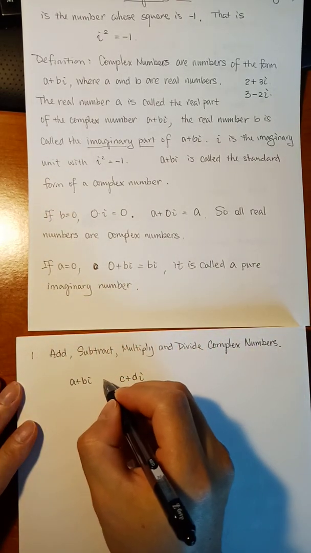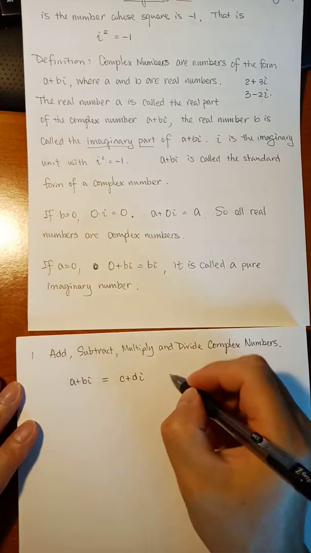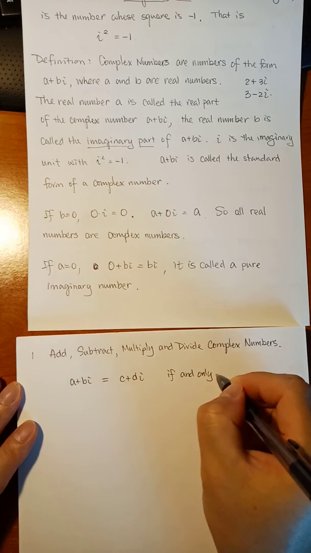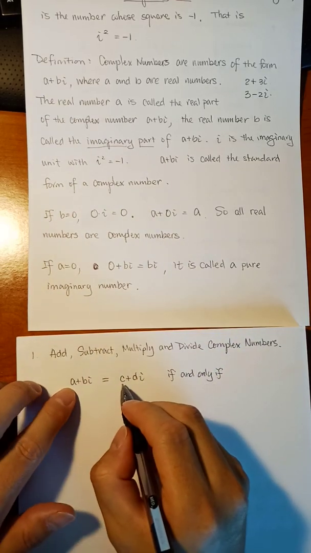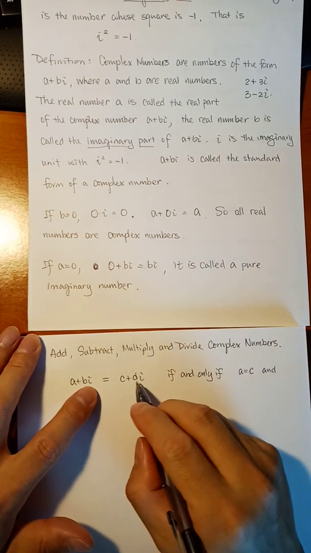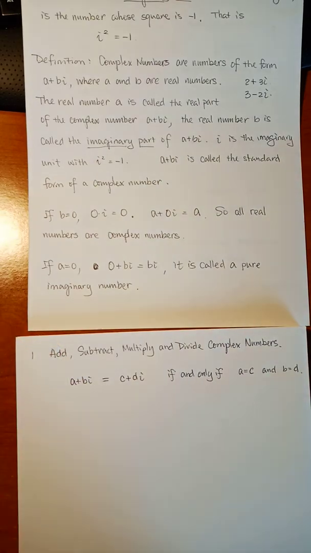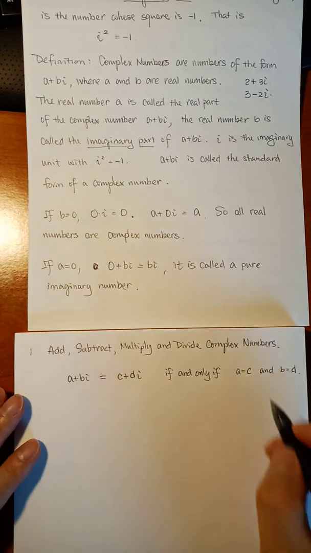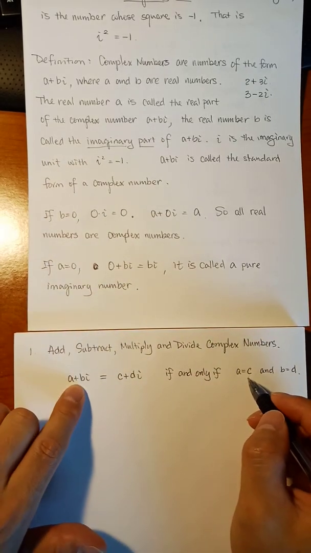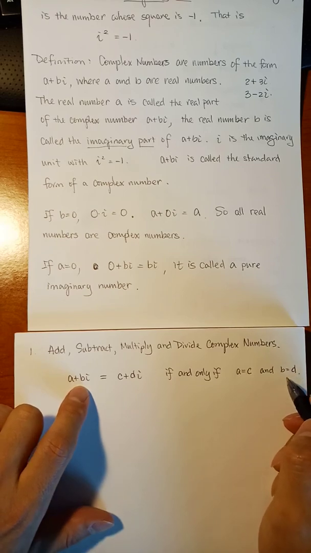One complex number is the same as the second complex number if and only if they have the same real part and they have the same imaginary part.